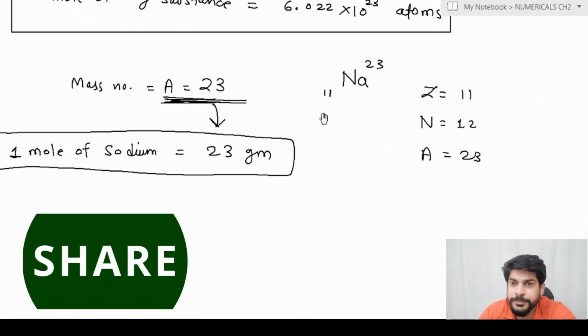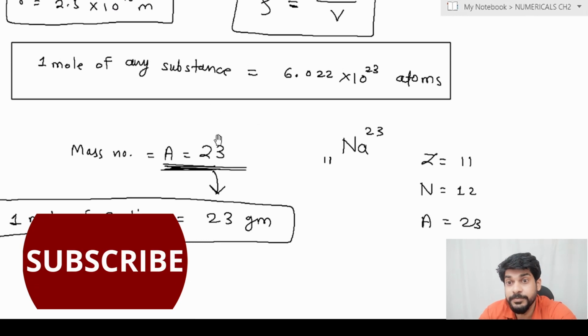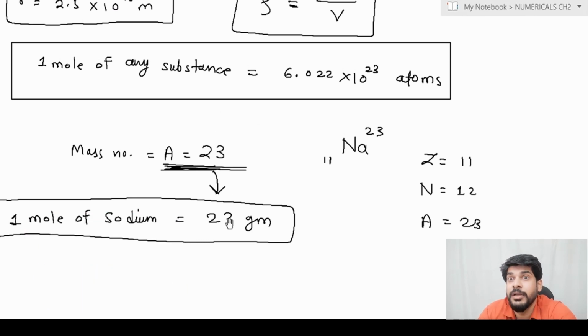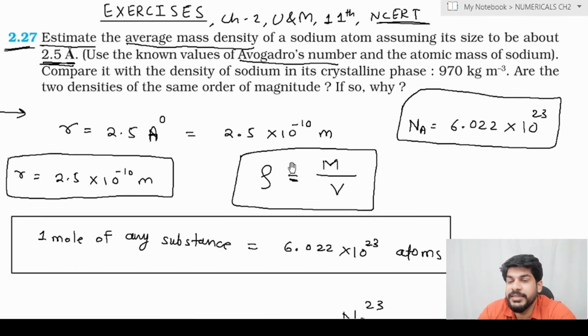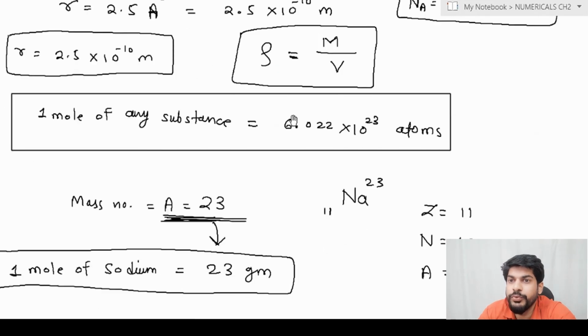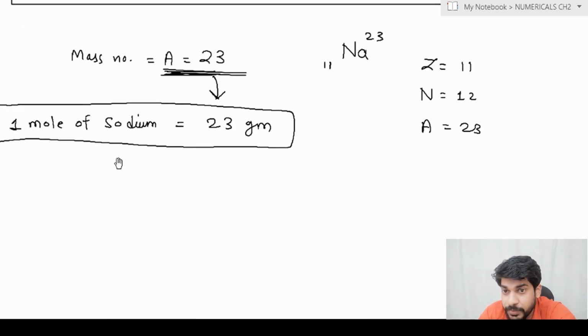Anyways, now we will move on. Now we want to find out the mass density, mass per unit volume. See, we have got one number: 1 mole of sodium is equal to 23 grams. That means the mass of 1 mole of sodium is equal to 23 gram.